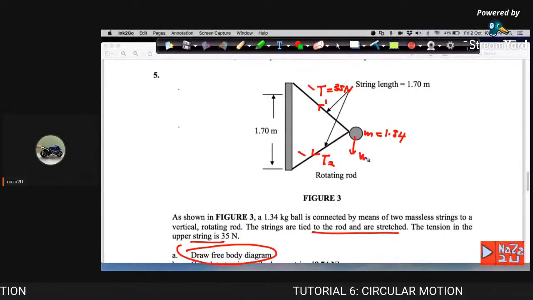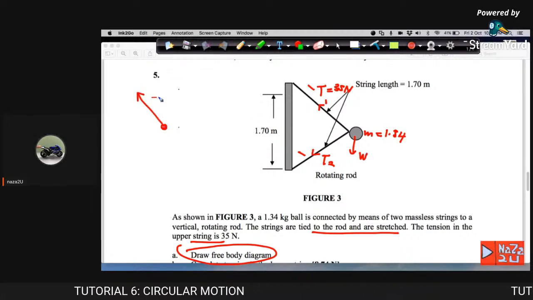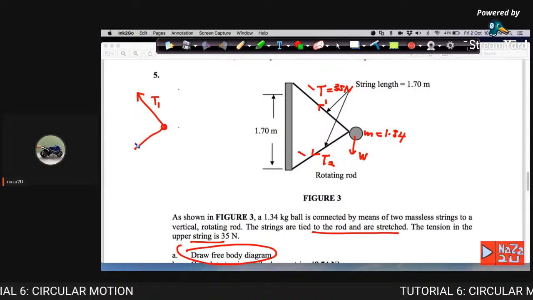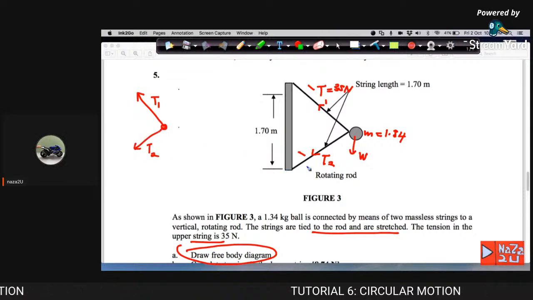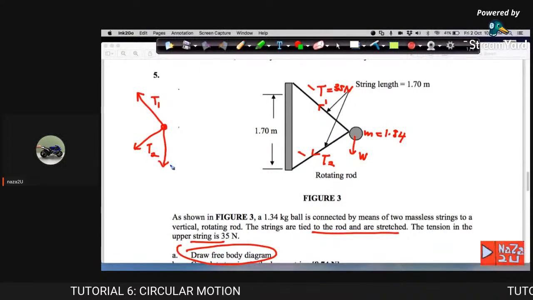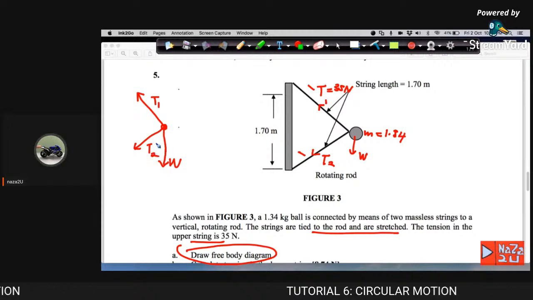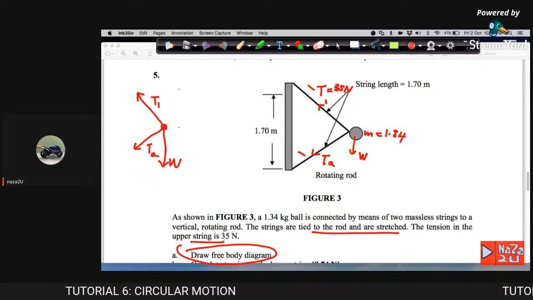The direction of the weight force is always downward. So in the free body diagram, we have tension T1 and tension T2, and straight downward we also have the weight force. So we have three forces: T1, T2, and the weight force, W.